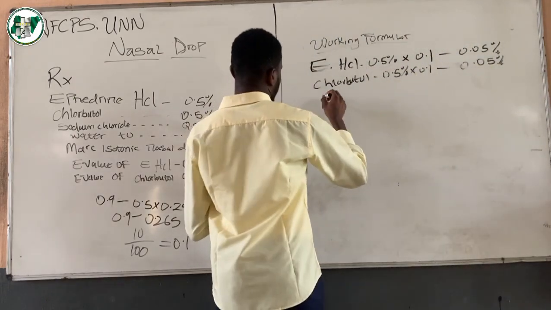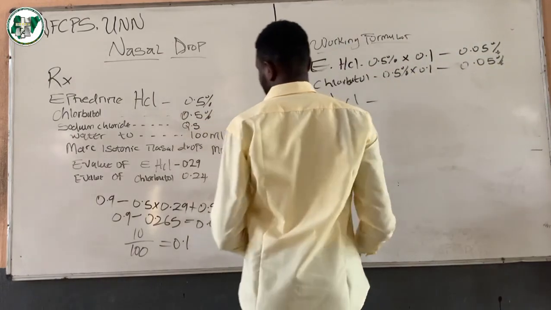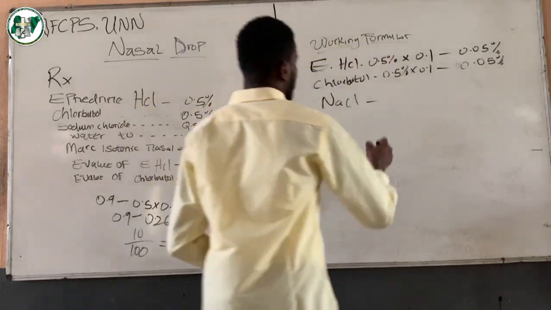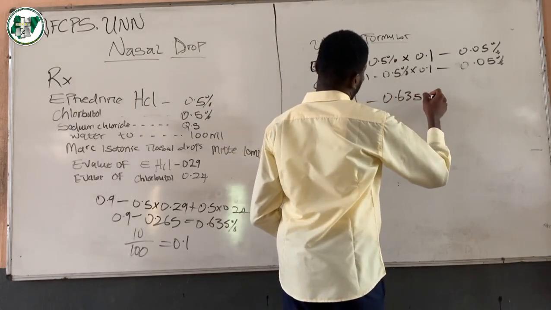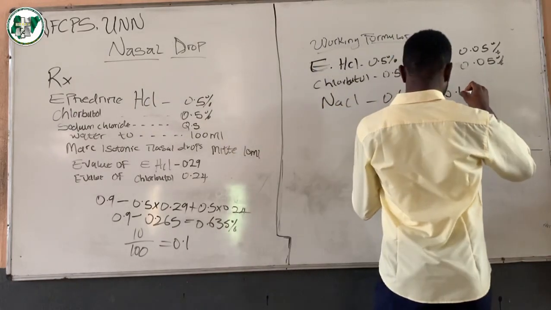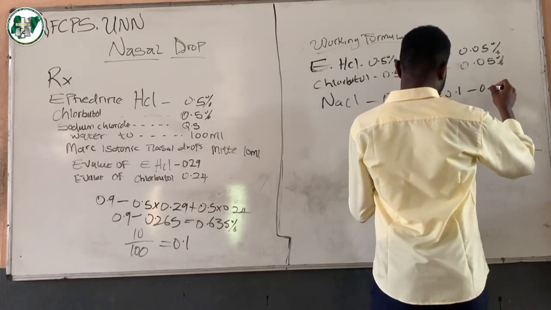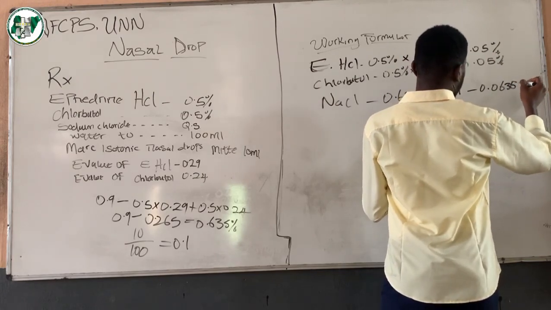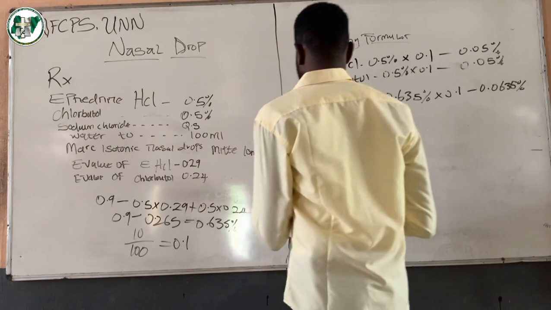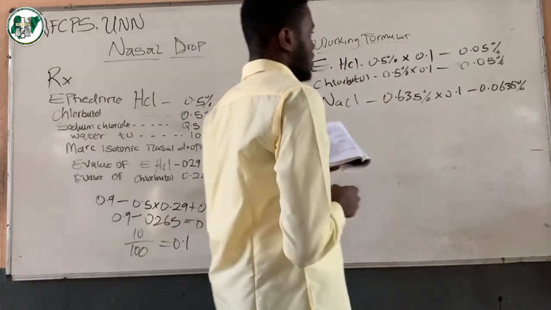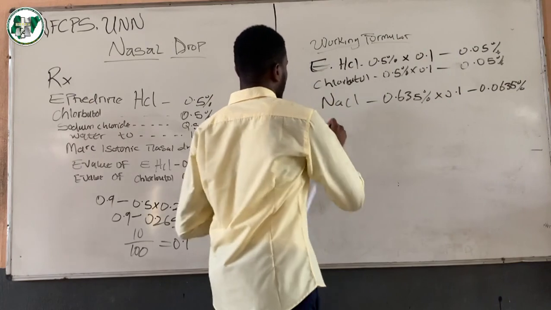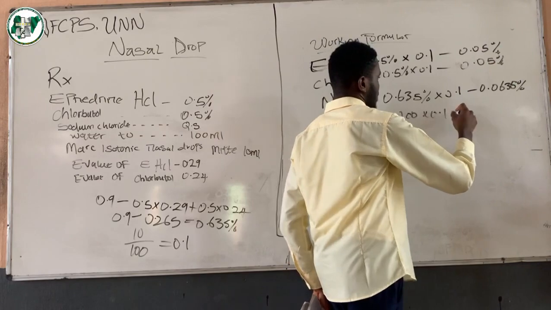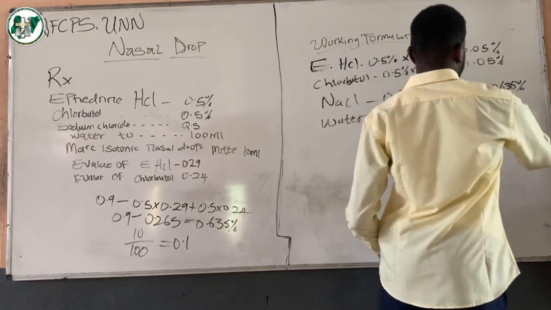Now for sodium chloride, we're going to be using the value we got here, which was 0.635% multiplied by 0.1, which gives us 0.0635%. Now, this is what we are going to be using. And for water to 100 multiplied by 0.1, 10 ml. There's no surprise about that.